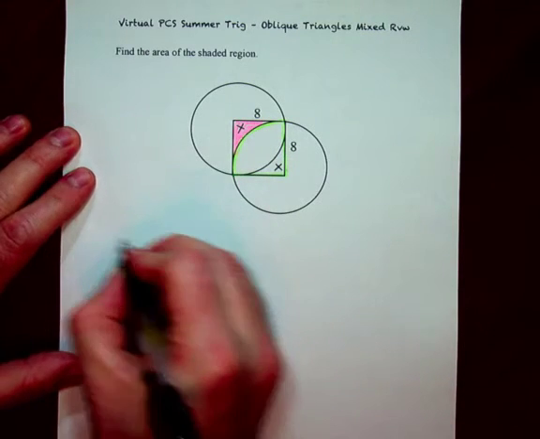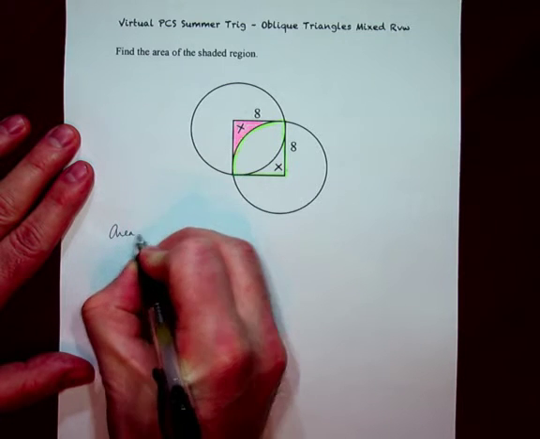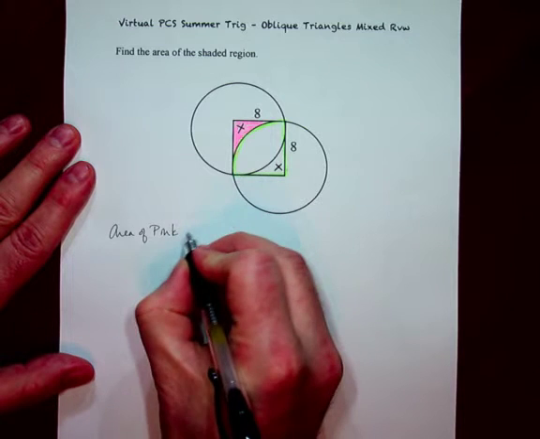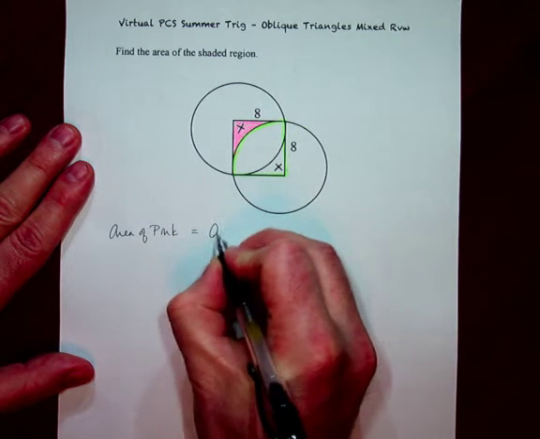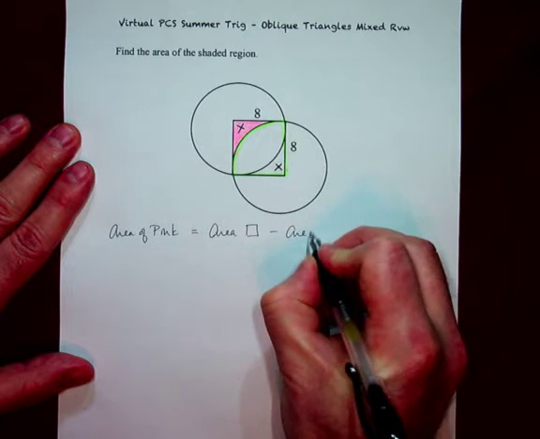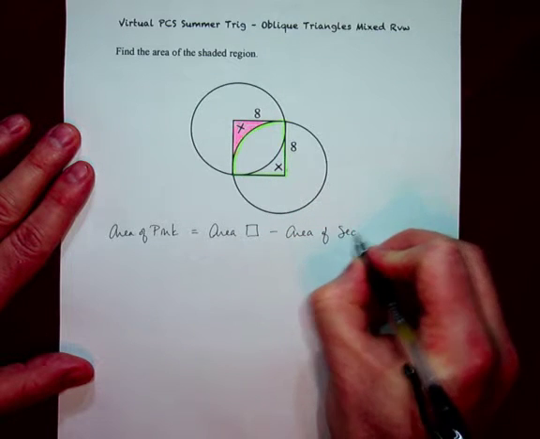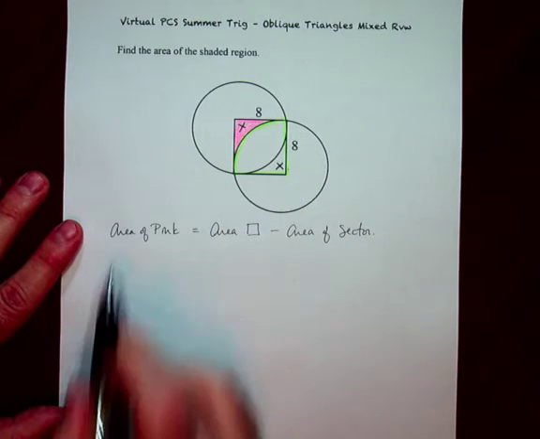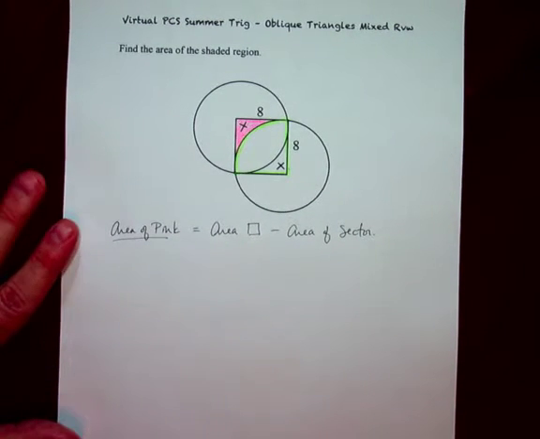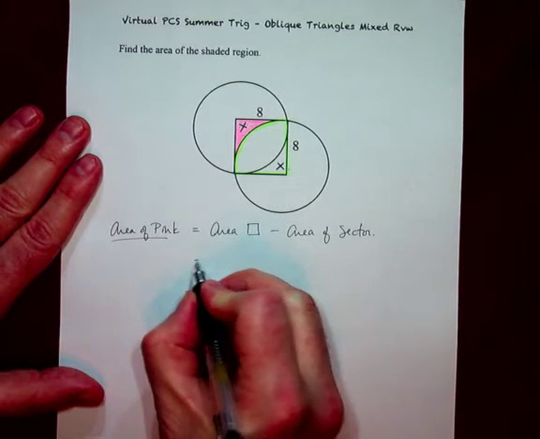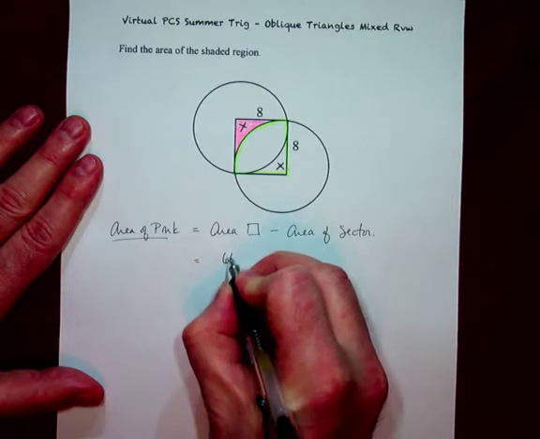And that sector makes up part of the square. And so basically the area of the pink region, okay, is equal to the area of the square minus the area of the sector. And then if you're looking for both of those shaded regions, you simply have to take this answer and multiply it by 2. That's it, okay? Now the area of the square is obviously 64.